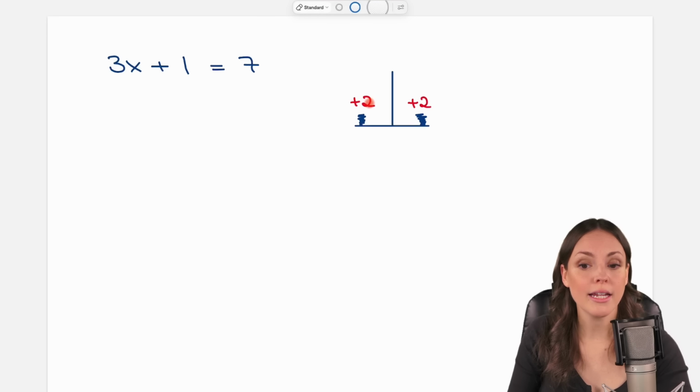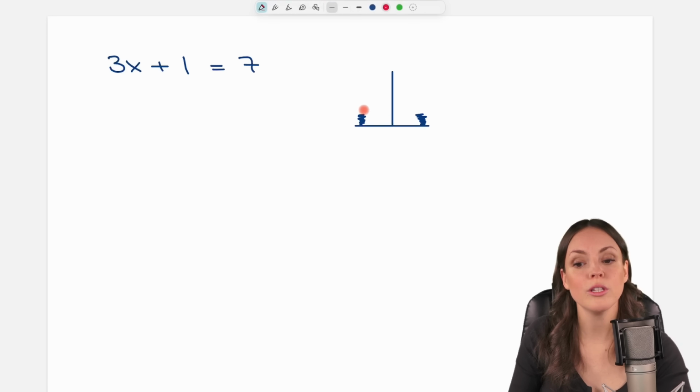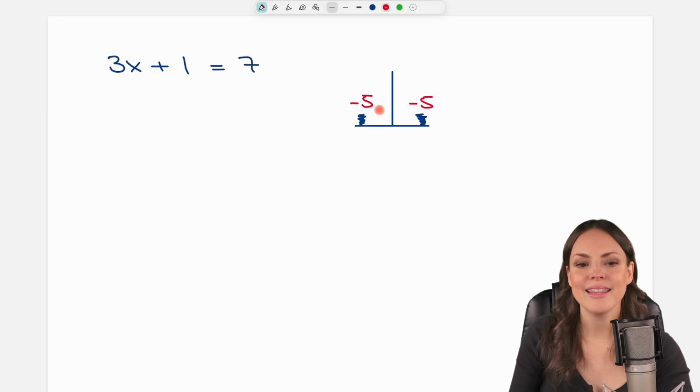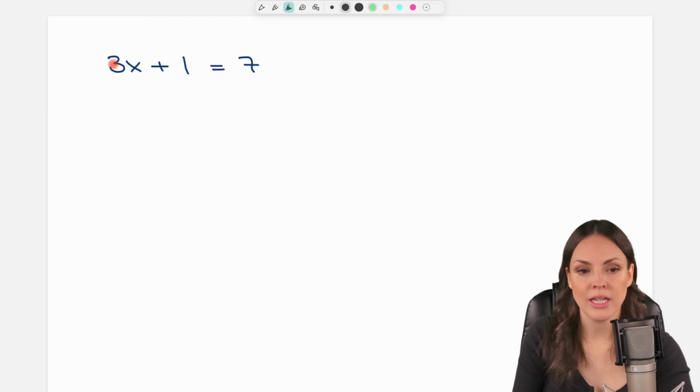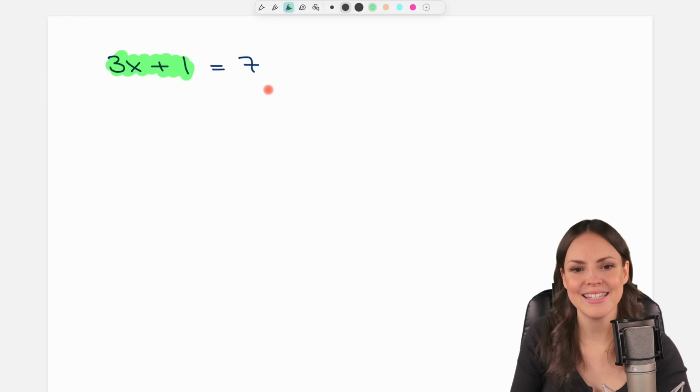Okay, so adding things is okay if we do it on both sides. Or taking things away is okay, but only if you do it on both sides. And that is the same thing with an equation. We are allowed to do something on the left side if we do exactly the same on the right side.